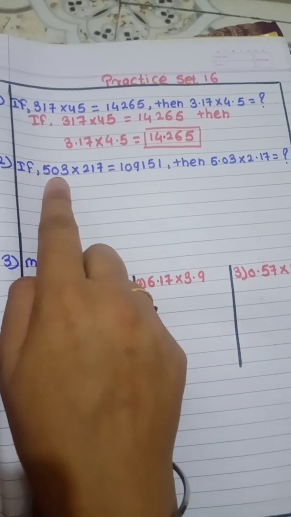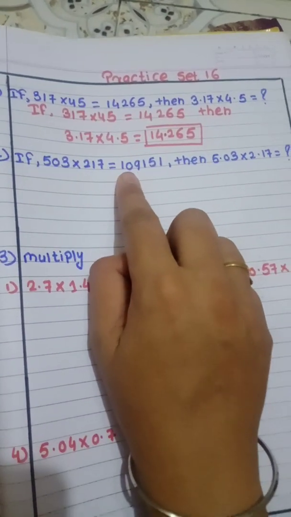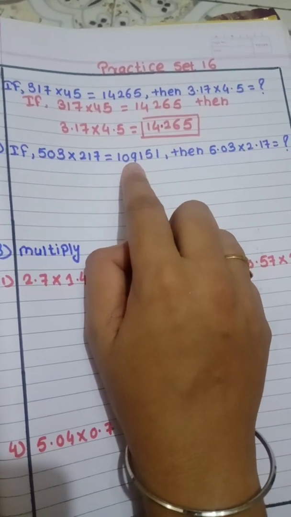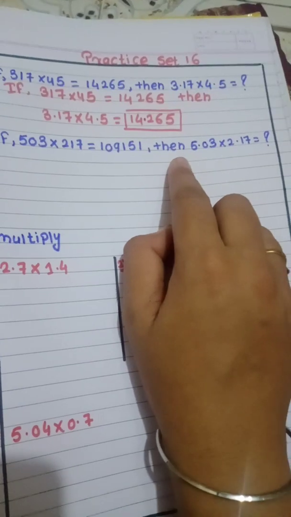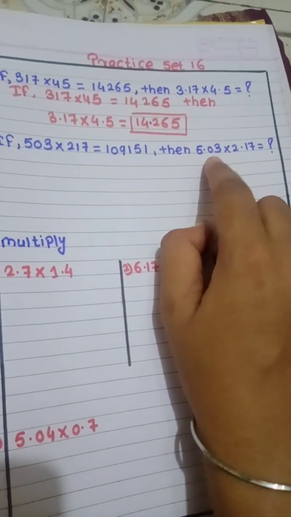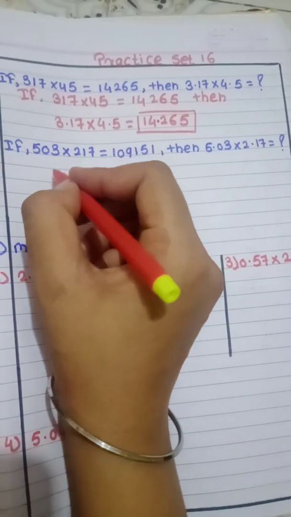Now the same example. If 503 multiplied by 217 is equal to 1,09,151, then 5.03 multiplied by 2.17, how much is it?